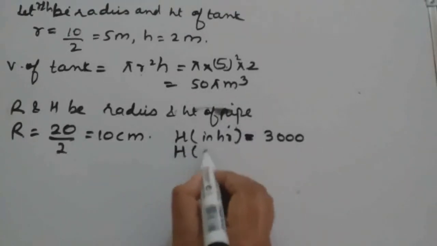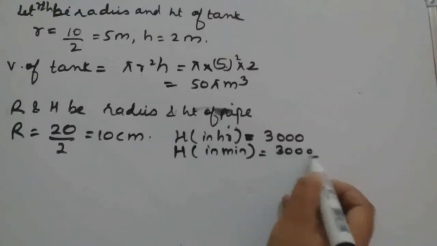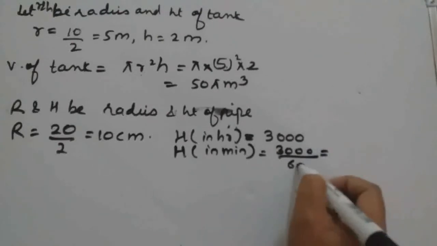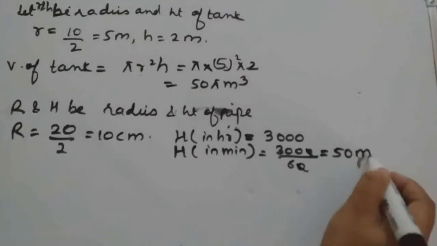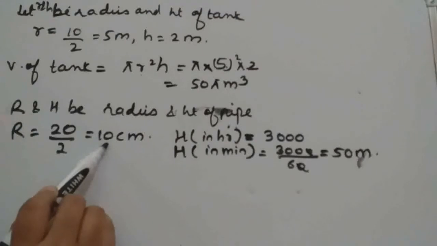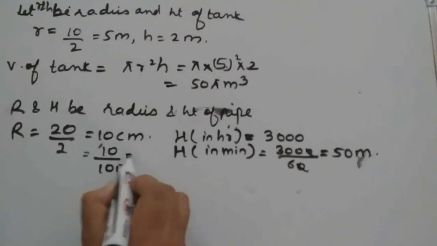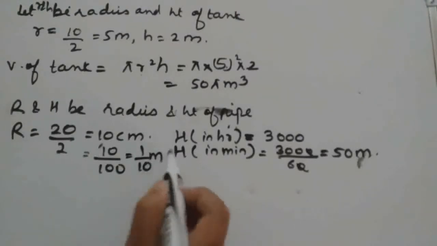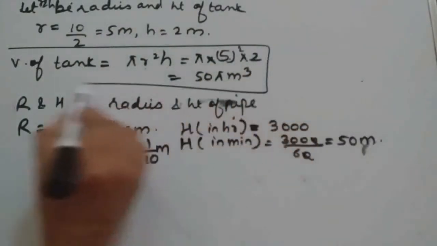So height in 1 minute will be 3000 by 60, that is 50 meter. We should convert this into centimeter, since the radius is given in centimeter. So we will divide by 100, so 1 by 10 meter. Got it?